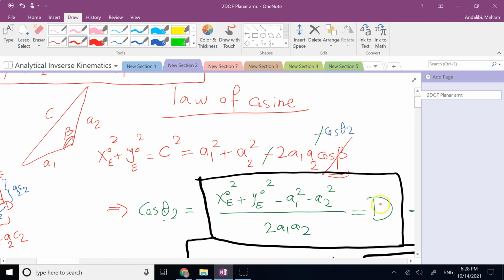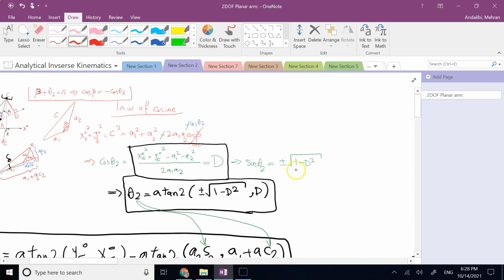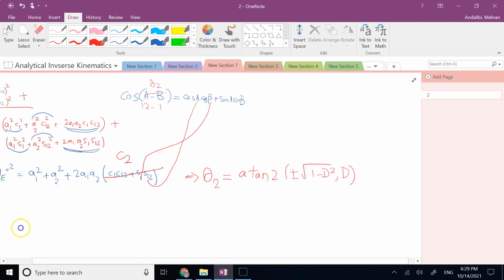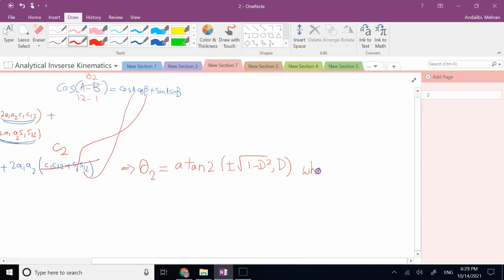So if I define again the same d ratio that I had, and then the plus minus square root of 1 minus d squared, that should give me the exact formula for what? Theta 2. So this one will lead to the exact same formula that I had. No difference. Did I use any geometry? No, I did not. Correct?